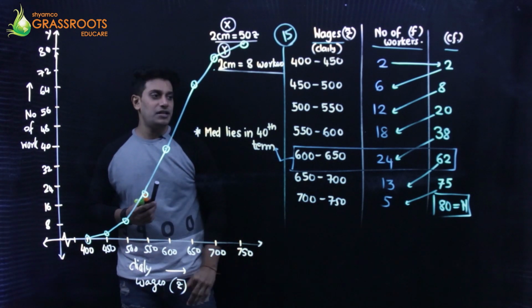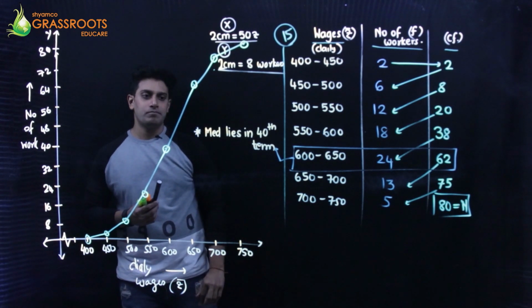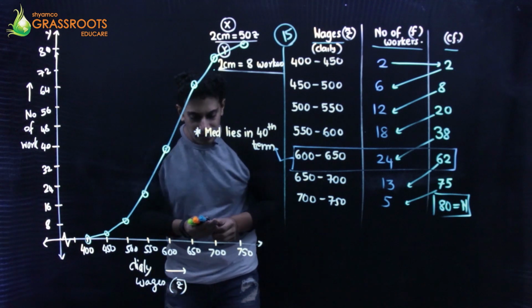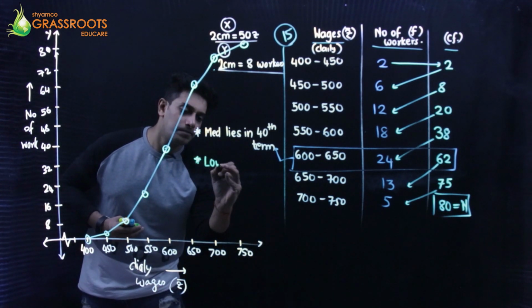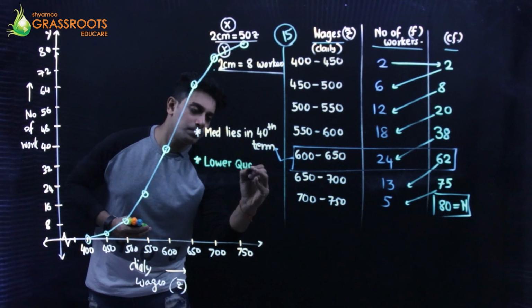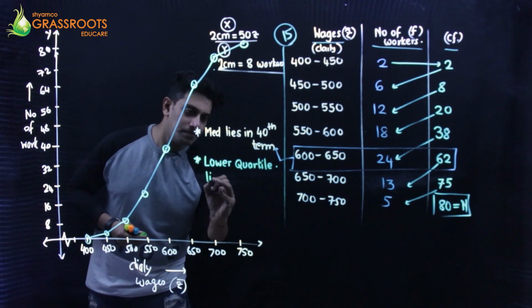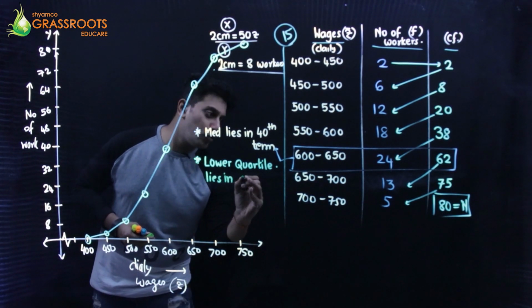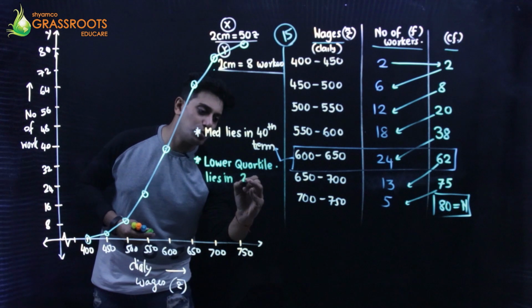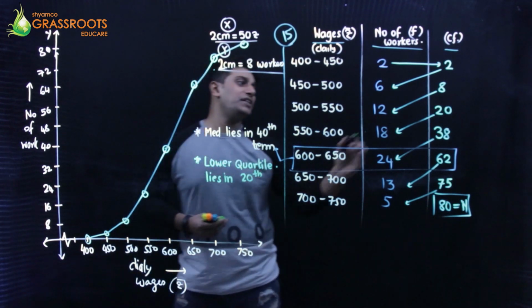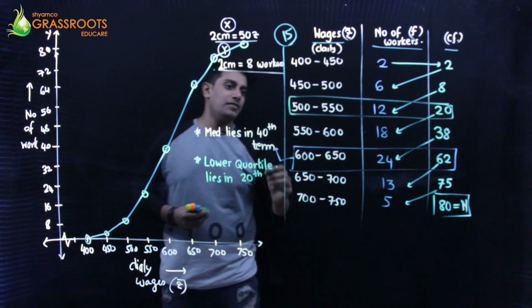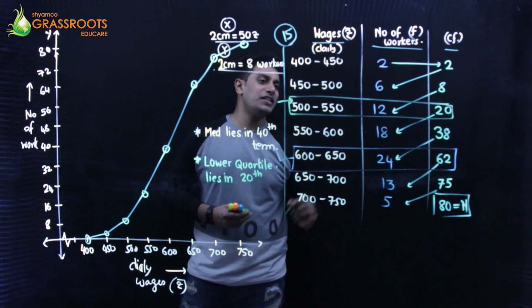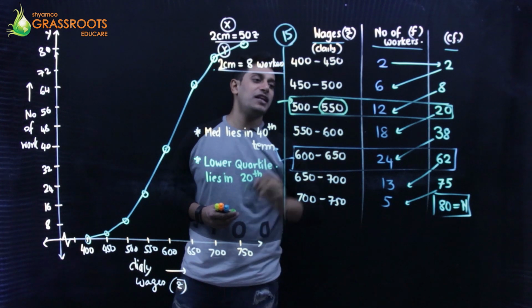The next is lower quartile. Lies in n by 4th, that is 20th term. 20 is straight away out here. It's there. So for 20, the answer is going to be 550 itself.